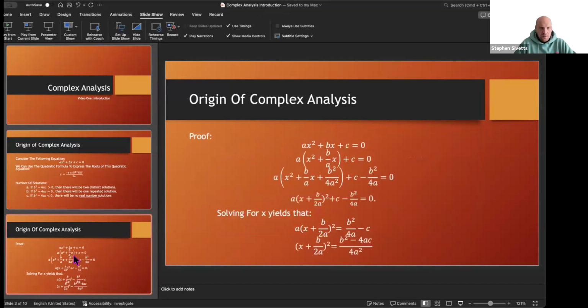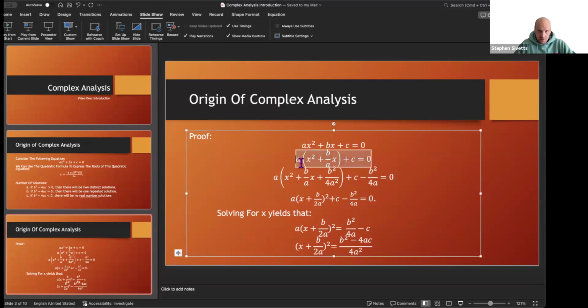The next one is just giving you an overview of the derivation behind the quadratic formula, using the complete the square method. What this proof is saying is that you factor out the a quantity to look like a times x squared plus b over a times x for the first two terms, and you leave the constant c by itself.